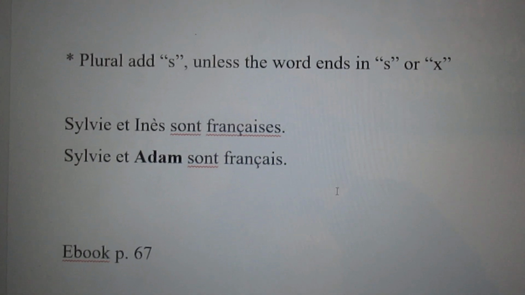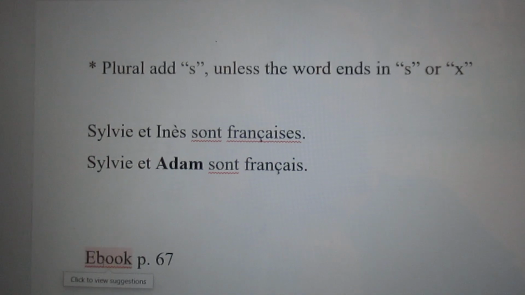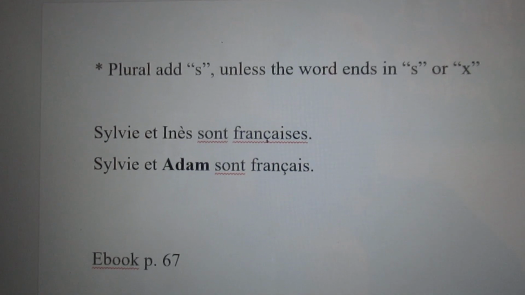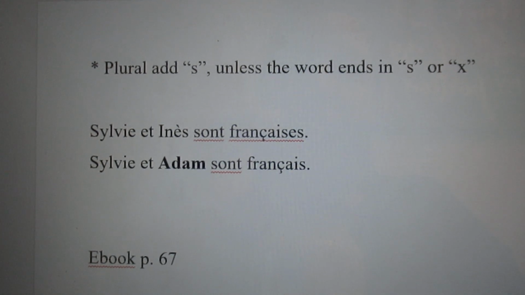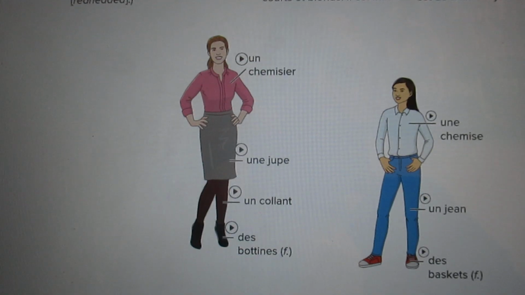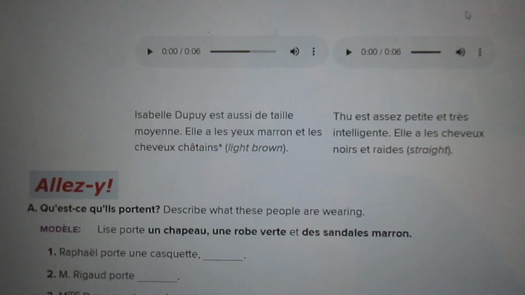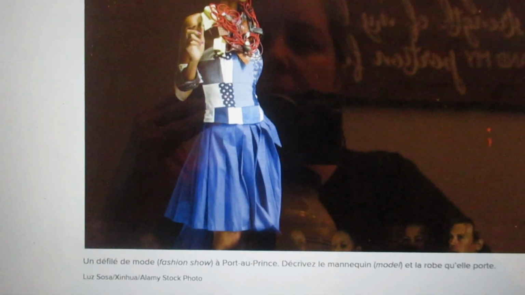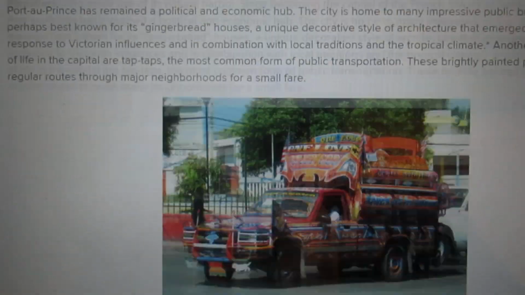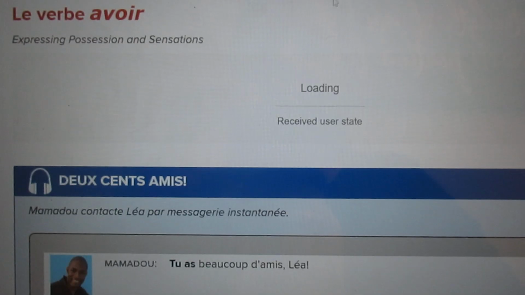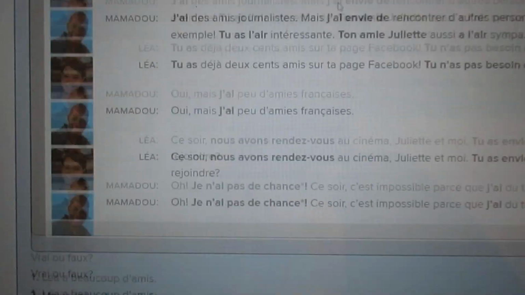So you'll want to look at more things in your ebook here on page 67. Let me switch over. And I'm looking at the ebook here. You want to read about Haiti, our cultural information about Haiti.